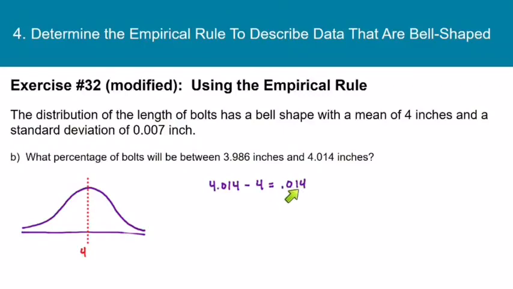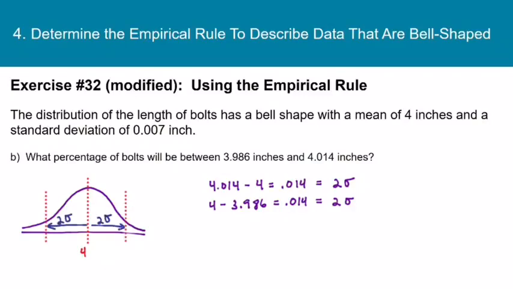Now, how many standard deviations is that? If you divide this number by the standard deviation, you'll find out that that represents 2 standard deviations. And then we can do the same thing for 3.986. So 4 minus 3.986 also gives us 0.014, and of course that's still 2 standard deviations.